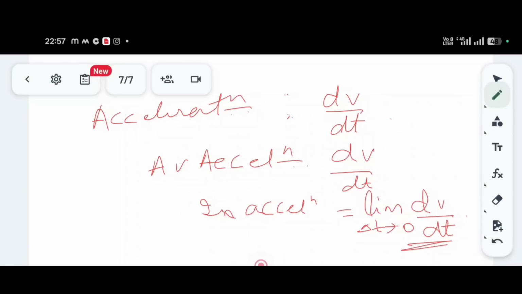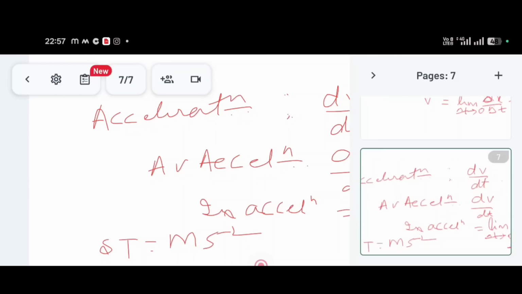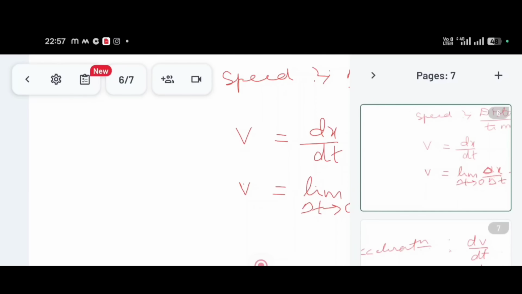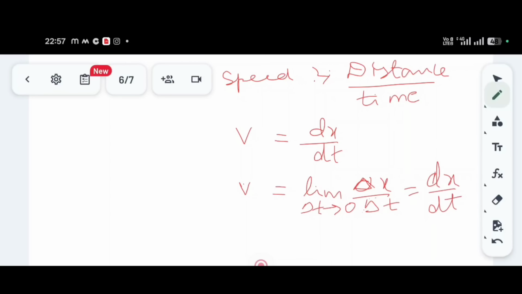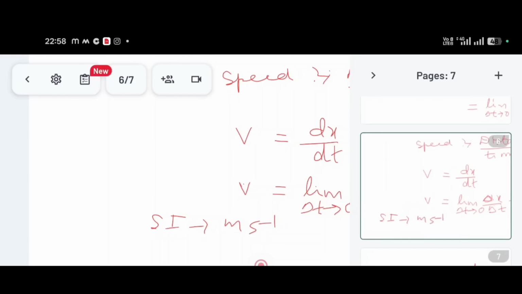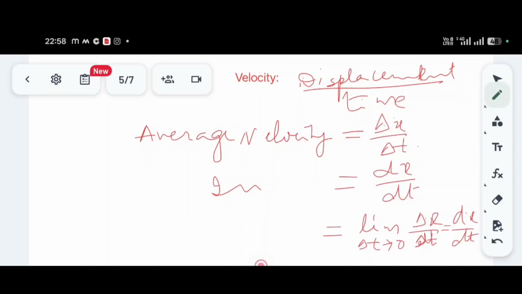Its SI unit is meter per second square. The SI unit of speed is meter per second, and the SI unit of velocity is also meter per second.